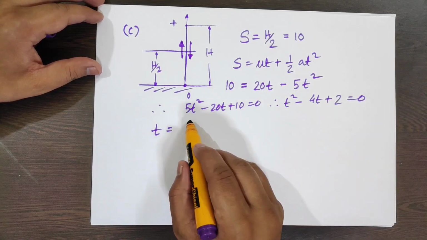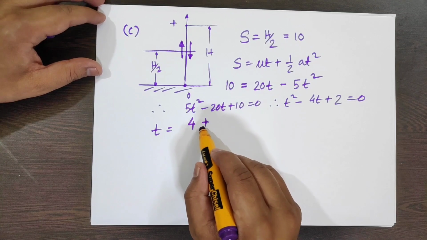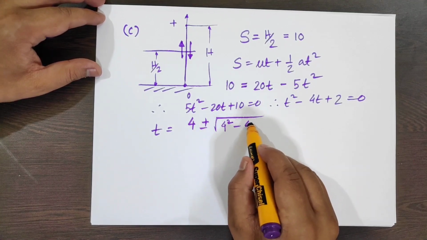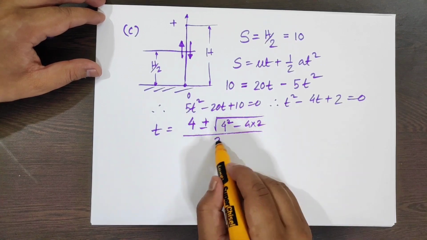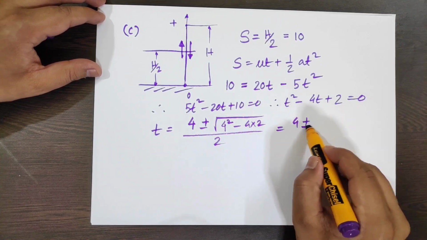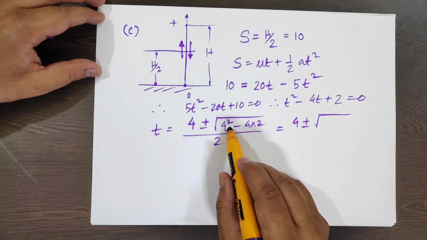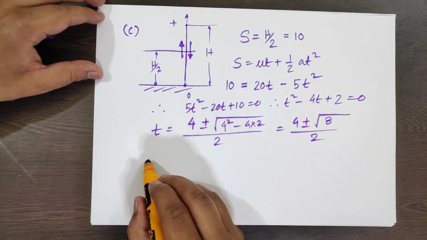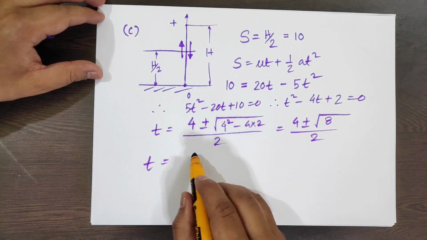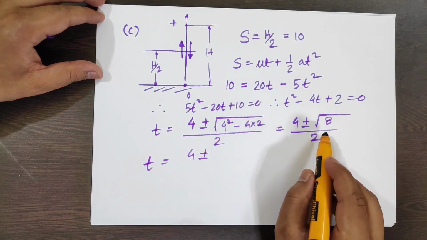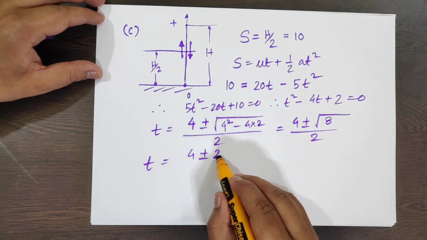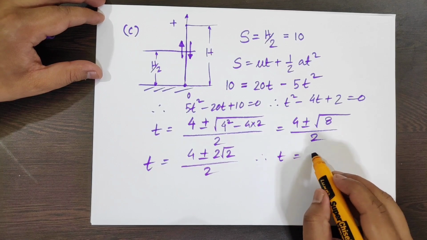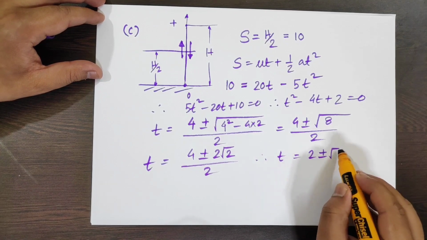So you will apply this formula, b plus minus root over of b square minus 4ac by 2a. Let's see, 4 plus minus root of 16 minus 8, so 8, divided by 2, so t is 4 plus minus 2 root 2 divided by 2, therefore t equal to 2 plus minus root 2.